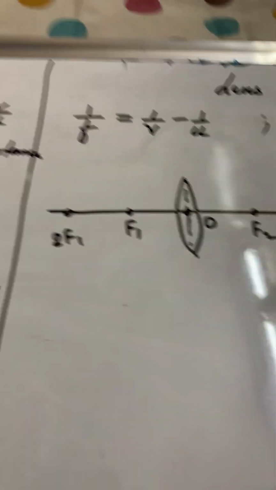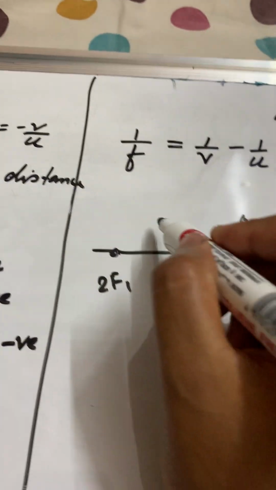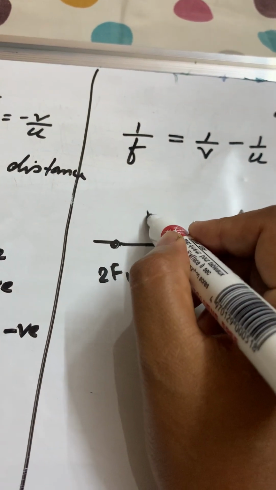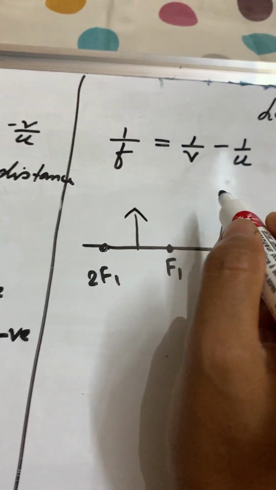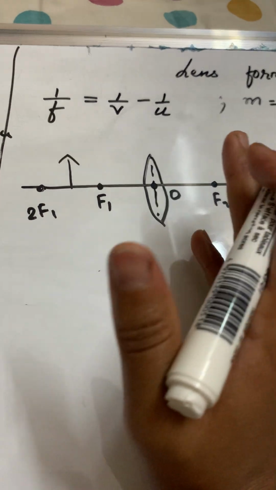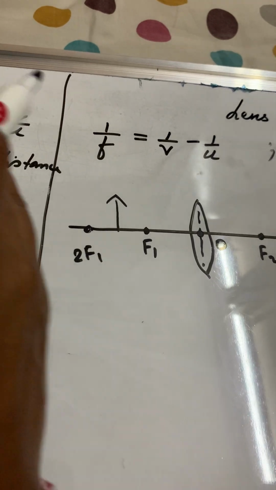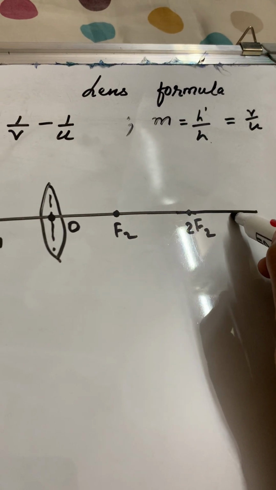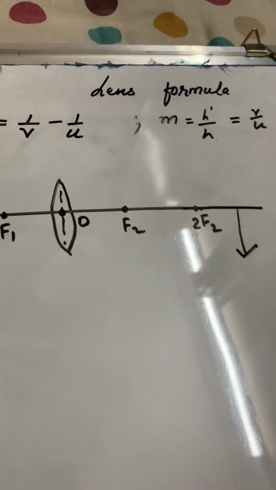All right, now let's take the general case. Suppose the object is here. Okay, then where will the image have to be? The image has to shift behind this, right? Bigger in size, right?